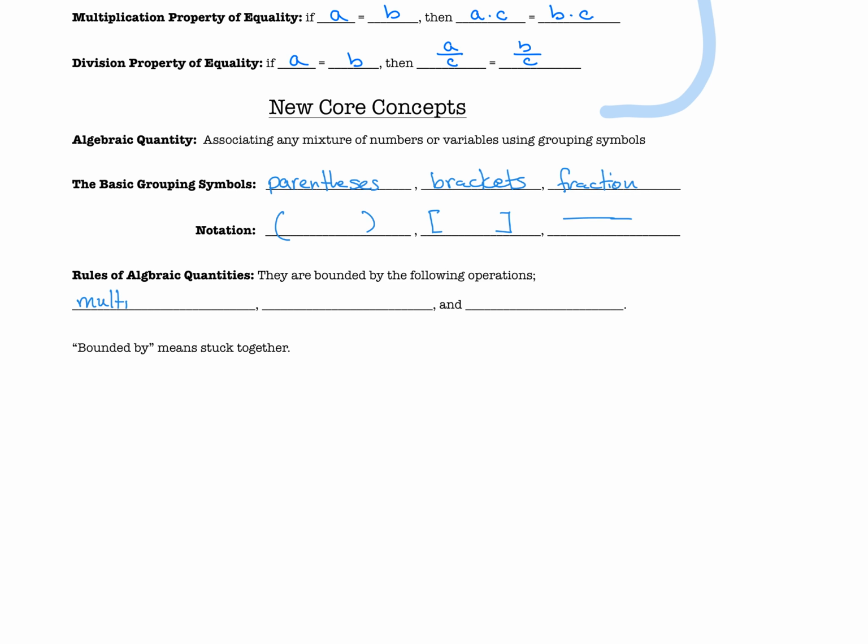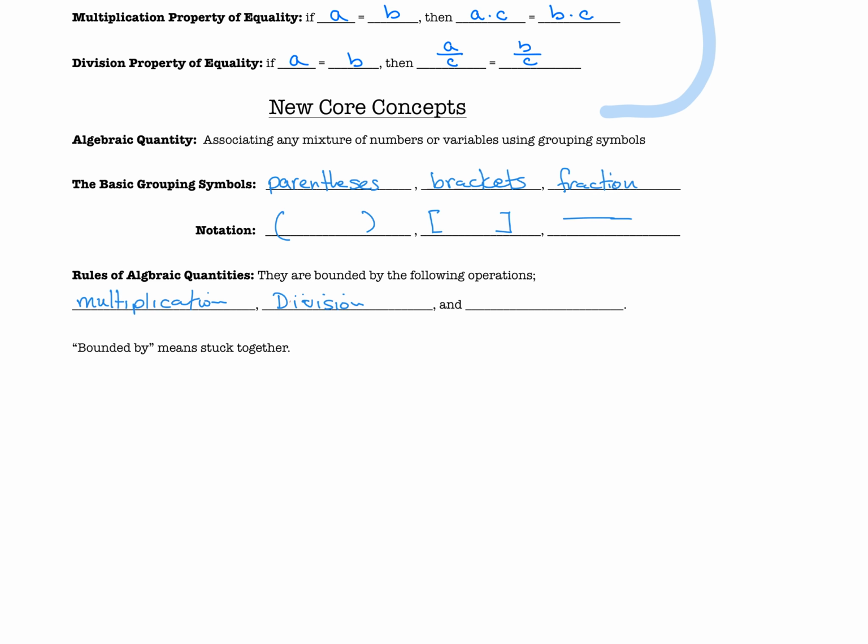That means if I have multiplication being applied to my quantity, that group is bound together until I do a property that allows me to ungroup them. The other is division. And if you take a look up at the top, fractions are just another way of writing division. So division also bounds things.